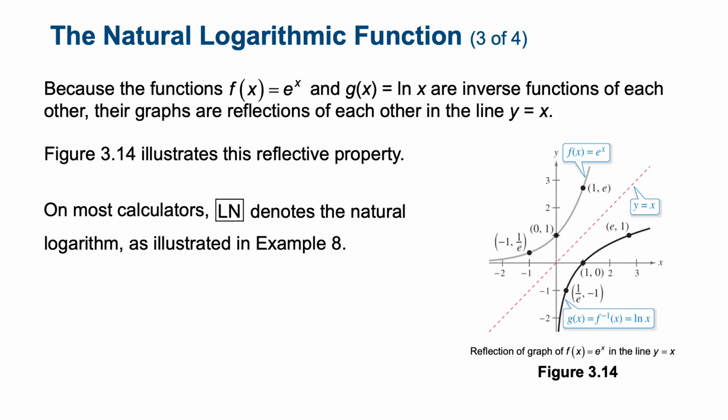The vertical asymptote is the y-axis, or x equals 0. It grows this way. And it's super useful. It's actually on most calculators as ln.